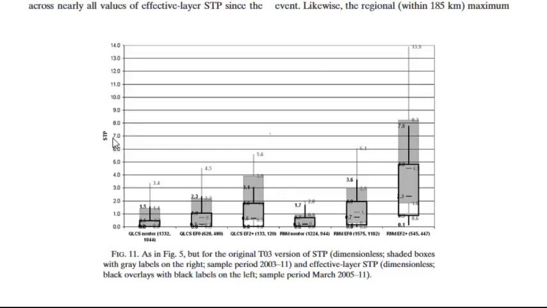This is significant tornado potential. This is basically your STP. The one that's being used right now is the new effective layer STP, and that's the black overlays.